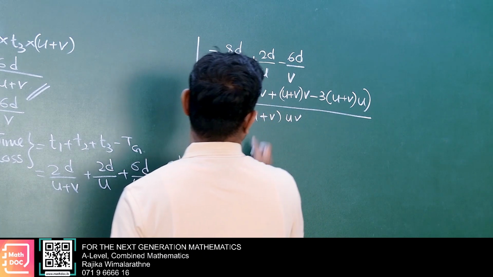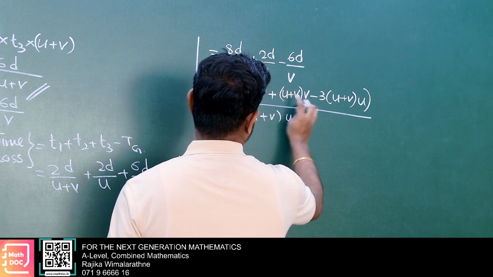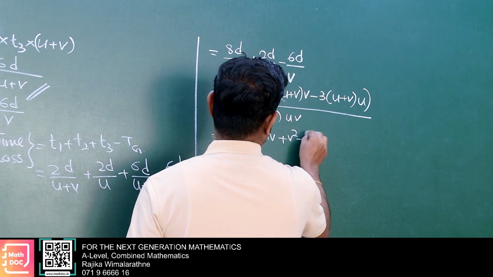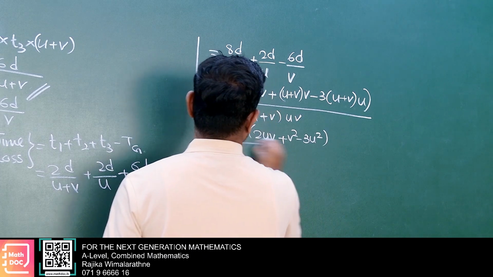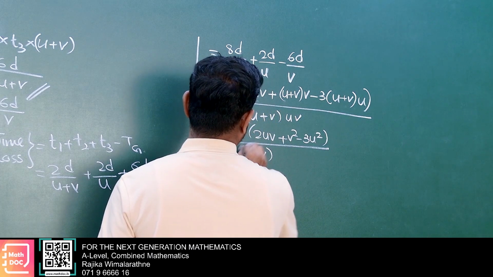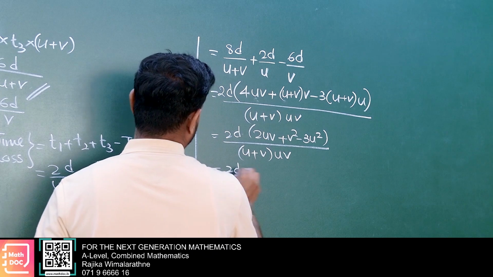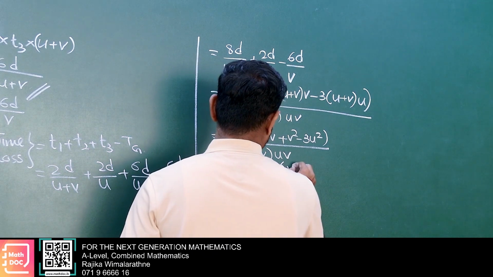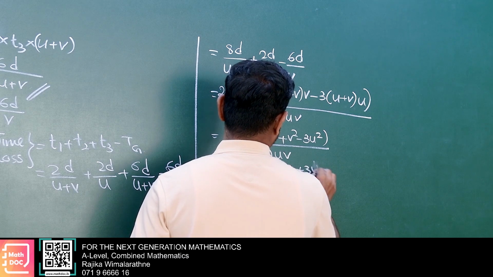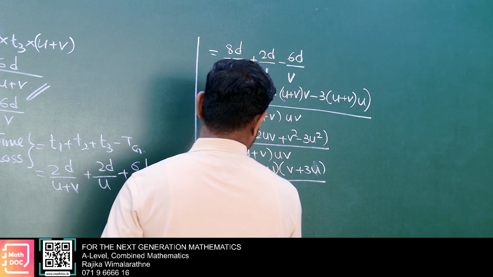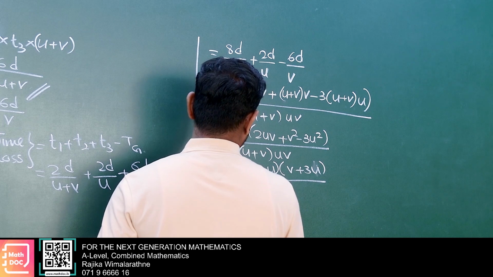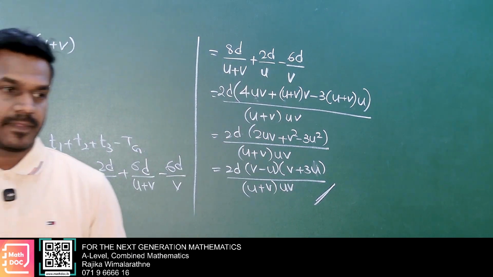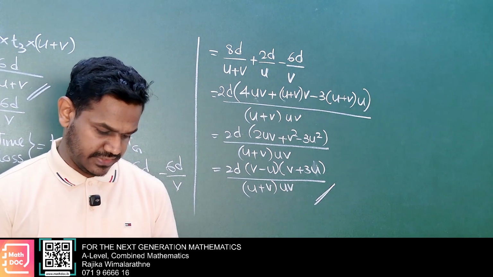Then 2d, 4uv, 5uv, 2uv plus v squared minus 3u squared, divided by u plus v, uv. Then we can factorize it: v minus u, v plus 3u, over u plus v, uv. That is it. That is the 2008 Tailor question.